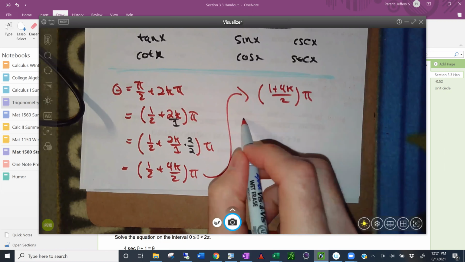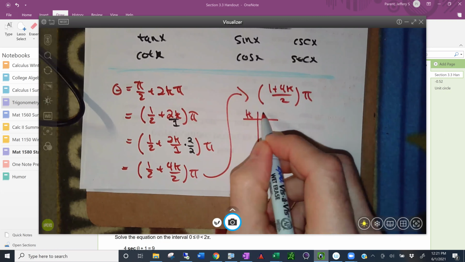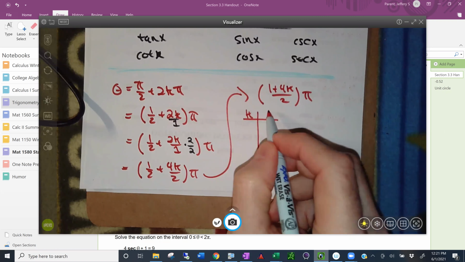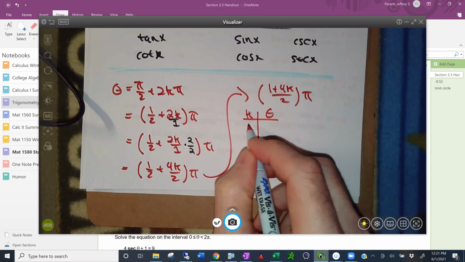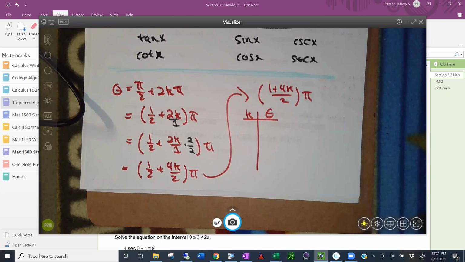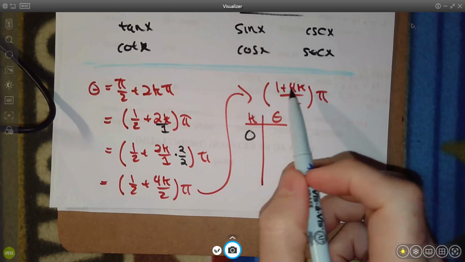So let's take a look at our solutions then, or some solutions. The solutions are going to be dependent on values of k. So probably want to start out by letting k equal 0. If I put in k equals 0 there, what's that going to give me for theta? 4 times 0 plus 1 divided by 2.